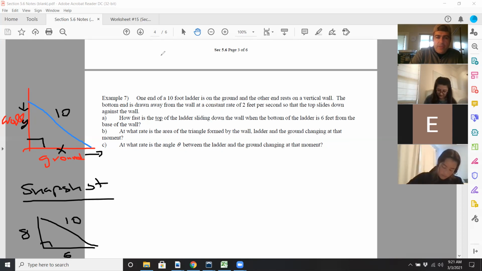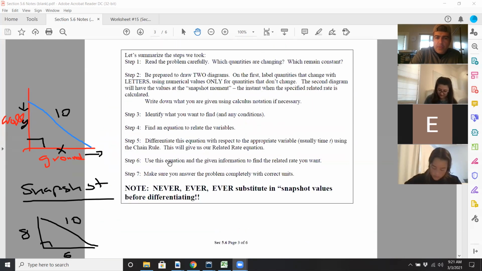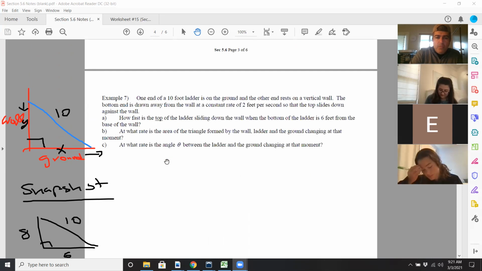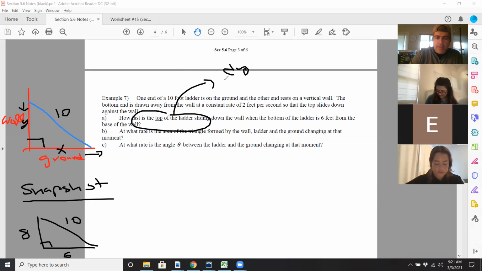So now the third step, or really the fourth step, getting down to the nitty gritty, is to identify what you want to find. Well, we want to find how fast the top of the ladder is moving. So I want to find dy over dt. That I don't know.